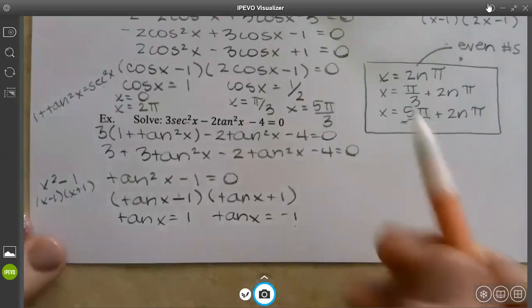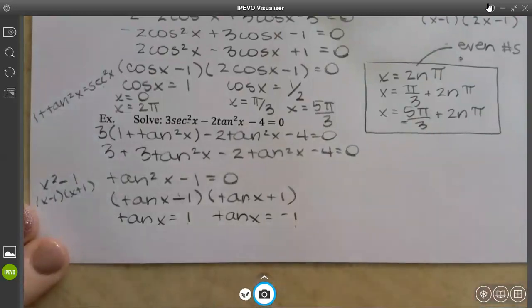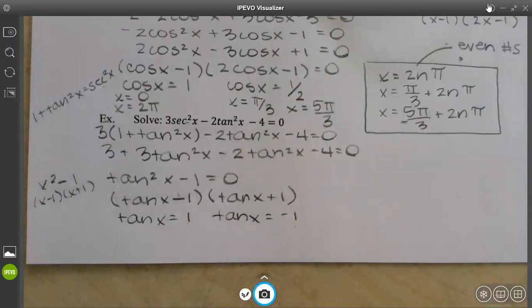All right. So I need to figure out where tan x is equal to 1. So look on your unit circle. What would I have to have? Hold on. What coordinates would I have to have to get a 1? The same coordinates. So that's going to be square root of 2/2, right?